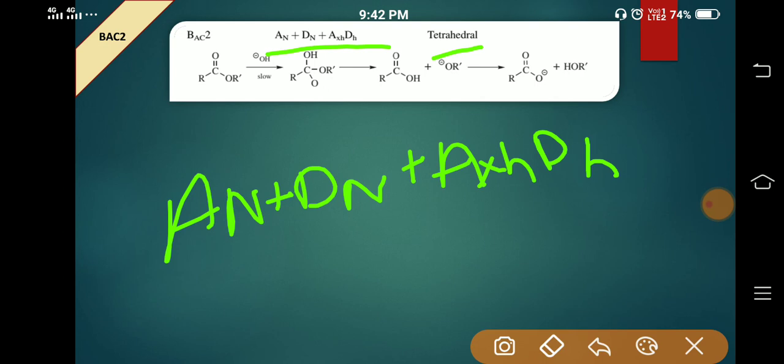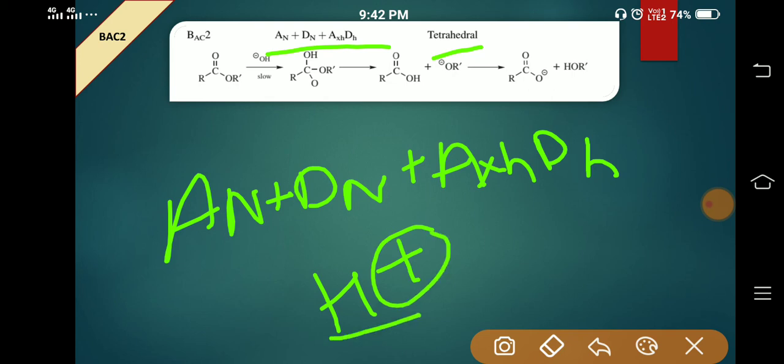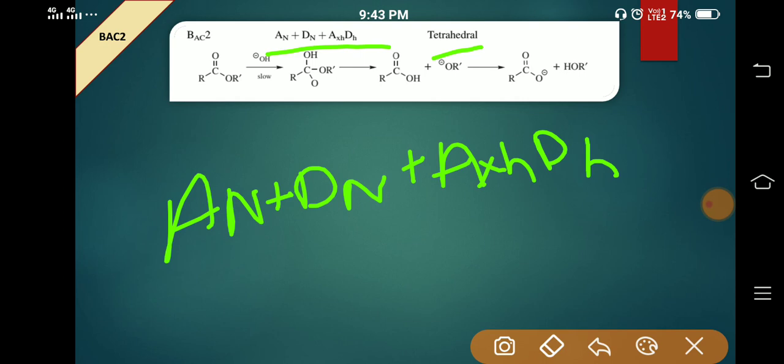In acid hydrolysis, the first step was the addition of H plus ion. Association of the nucleophile takes place at the carbonyl carbon because it forms a tetrahedral intermediate.